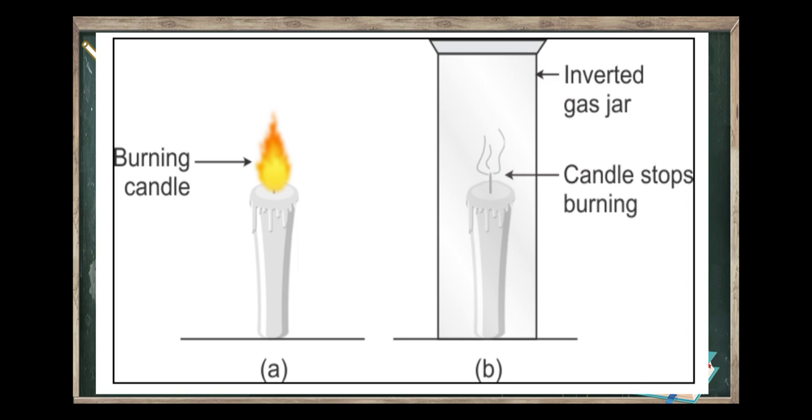First of all, it will keep burning because it will take up all the oxygen present already inside the gas jar. But due to the lack of oxygen, when all the oxygen present in the gas jar is consumed, then it will stop burning. So, this proves that oxygen is a supporter of burning and air helps in burning.